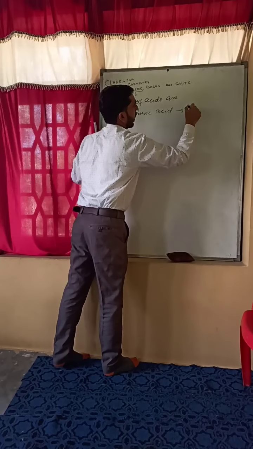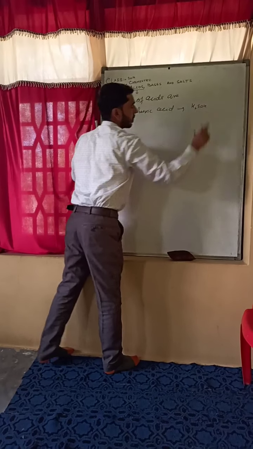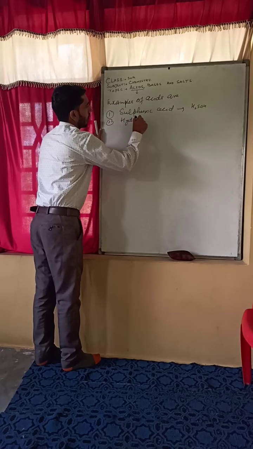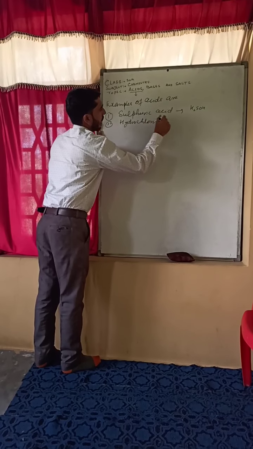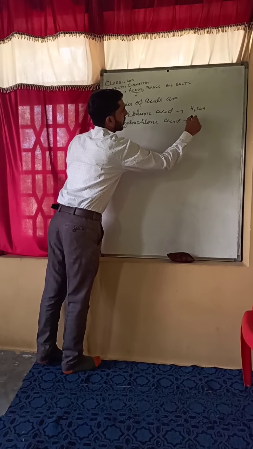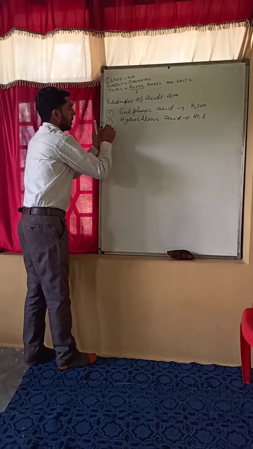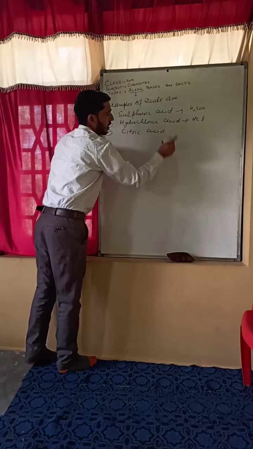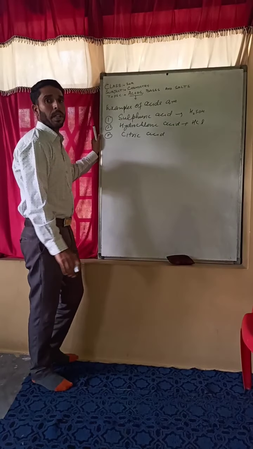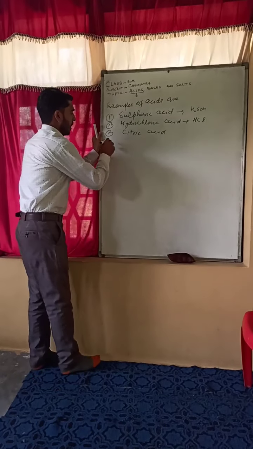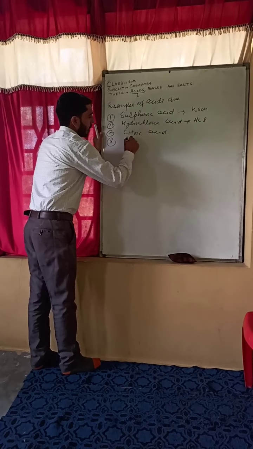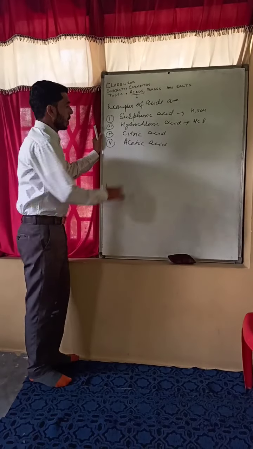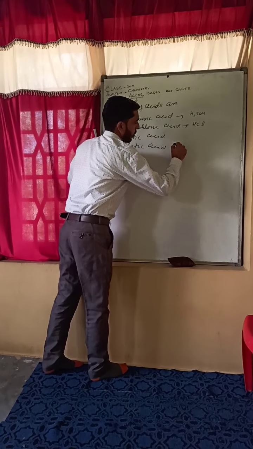You know that its formula is H2SO4. Clear? Then we have hydrochloric acid. Formula is HCl. Then we have citric acid. This citric acid we get from lemon or orange. Then we have acetic acid. We get acetic acid usually from vinegar.